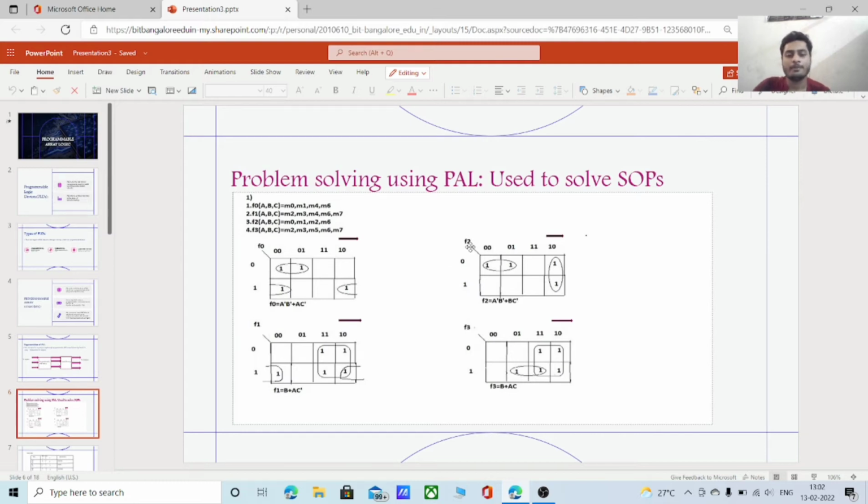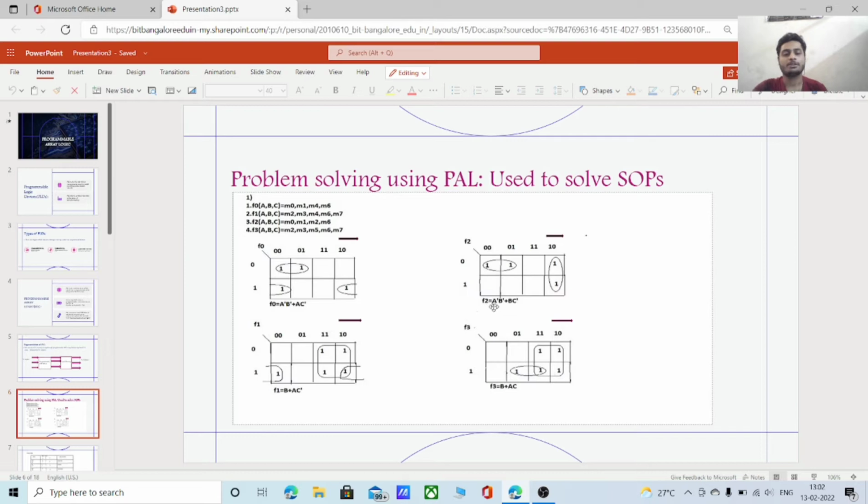Then f2. In f2, 0, 1, 2, 6 we have 1. In these positions we put the cell values as 1. So we will group this one and this one as a pair, and this one and this one as a pair. This gives A complement B complement as output, and this group gives B into C complement as output.